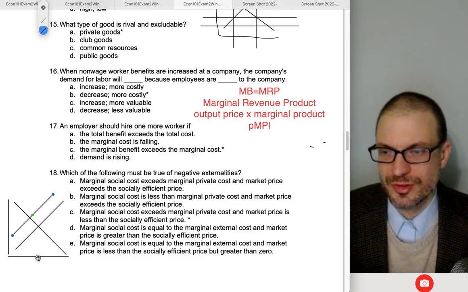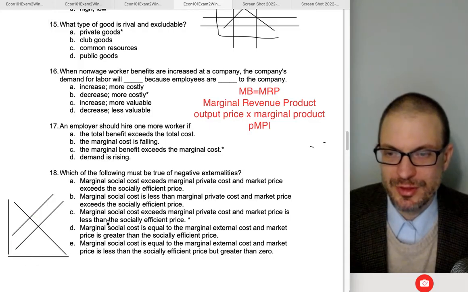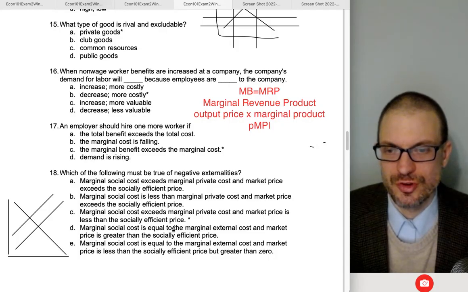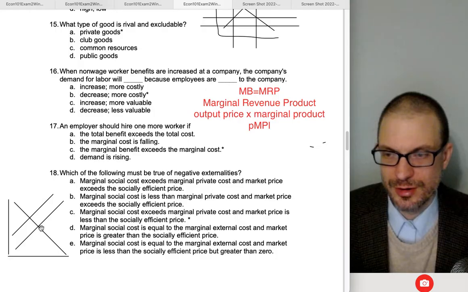And then here's the market quantity. And then here's the socially efficient quantity. So what happens? Marginal social cost exceeds marginal private cost, and the market price is less than the socially efficient price. Yeah, marginal social cost, that's right here, is higher than marginal private cost, and the market price right here is less than the socially efficient price here.